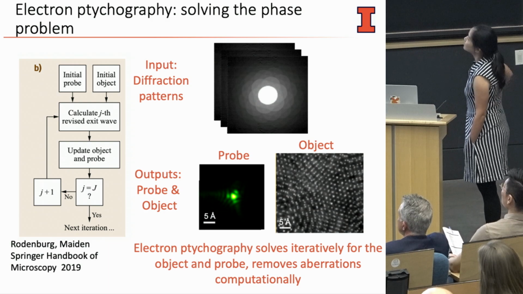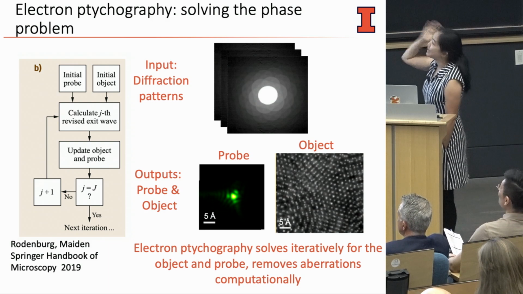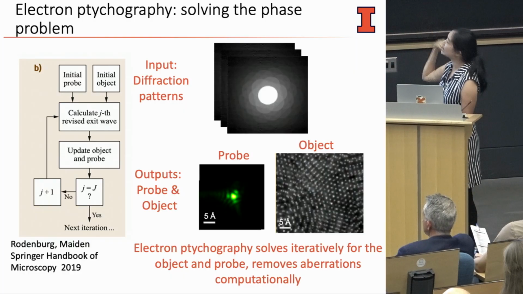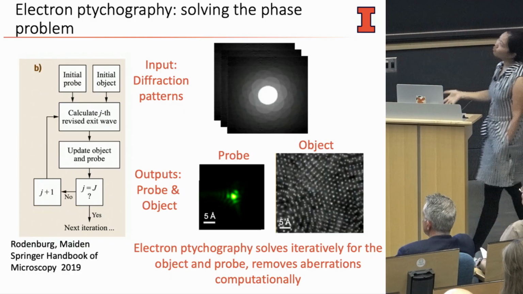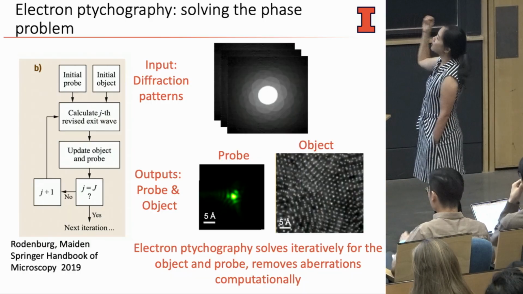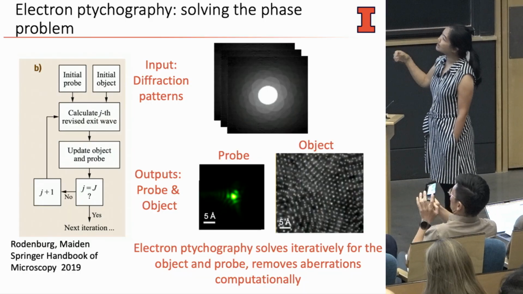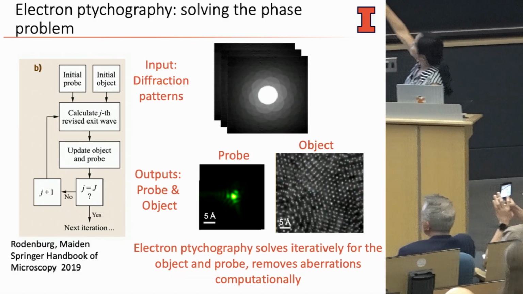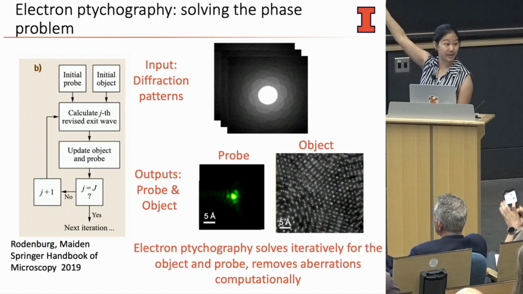Basically, what these algorithms do is they guess an initial electron beam, we call that the probe, and an object. And then it does a forward process. It scatters the beam through the test object, calculates the exit wave, calculates the diffraction pattern, and then compares them to the experimental diffraction patterns that we have.